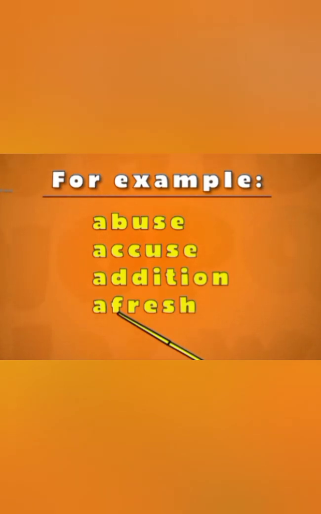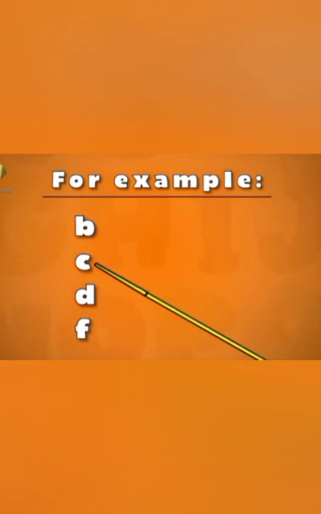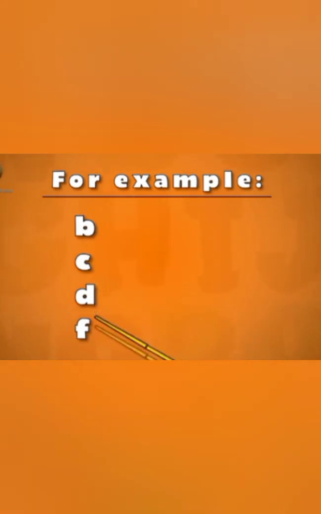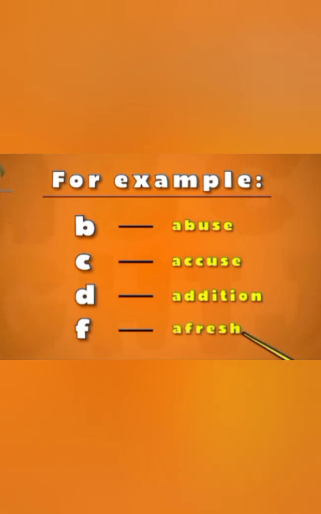Okay, children, we see the second letter of the next word and we arrange them. We got B, C, D, and F in the second letter. So it was abuse first, second accuse, third addition, and fourth word was afresh.